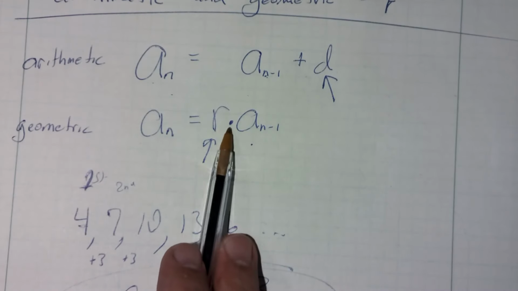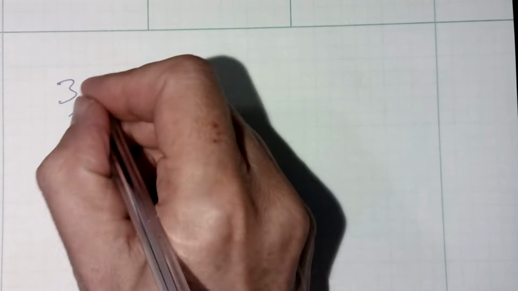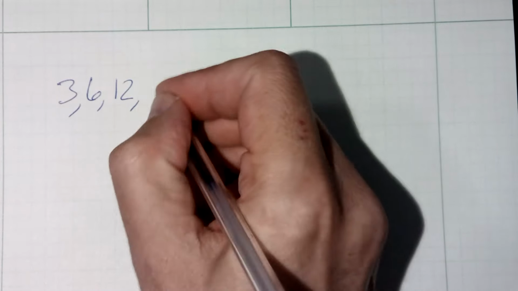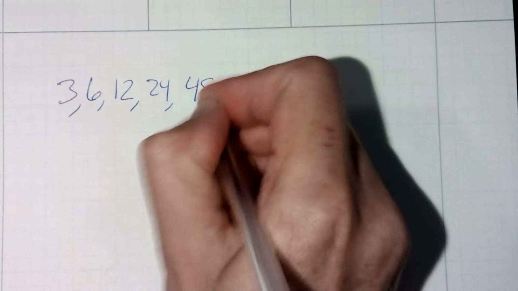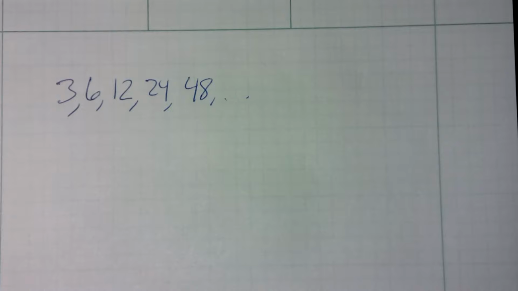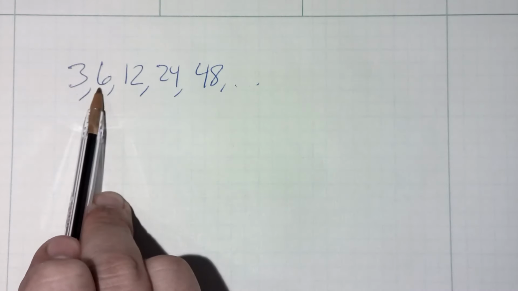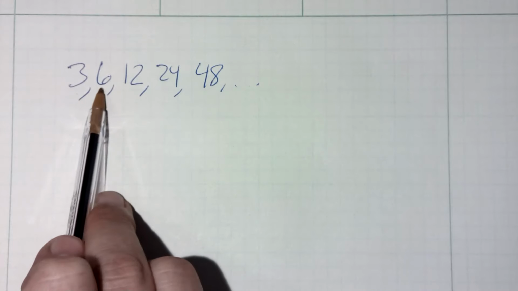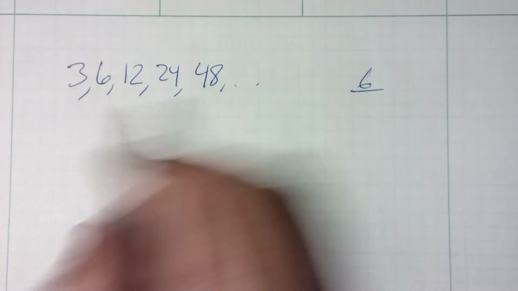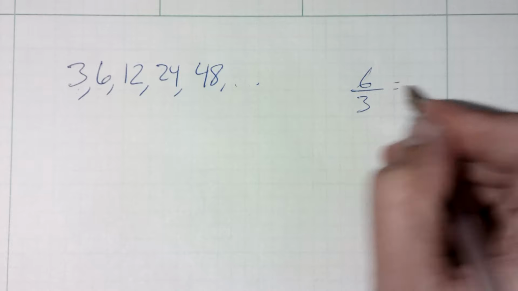Now remember, geometric, we're going to be timesing. So let's do a geometric sequence. If I have a geometric sequence, something like 3, 6, 12, 24, 48, and so forth, all you really need to do is find what am I multiplying going from here to here. And again, it's easy to find by just taking that second term, dividing by the first term, and reducing if possible.